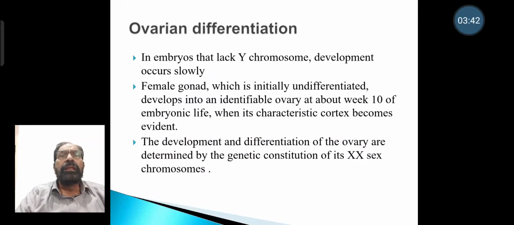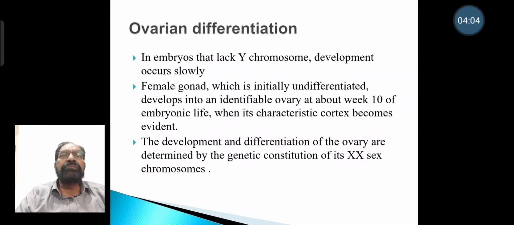In the embryo, in the absence of the Y chromosome, development occurs slowly. The female gonad, which is initially undifferentiated, develops into an identifiable ovary at about week 10 of embryonic life, when its characteristic cortex becomes evident.